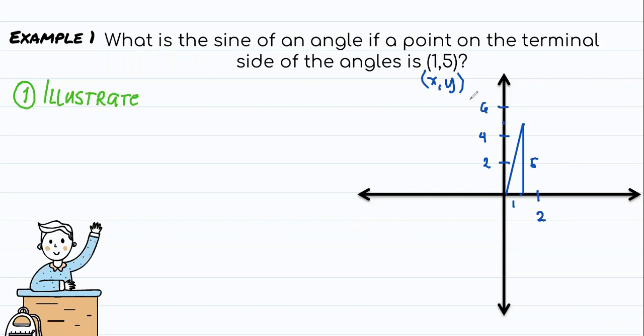The angle is on the terminal side, so therefore this is our theta. Now, step number 2 is for us to calculate the value of our radius. So let's solve for the value of our radius.